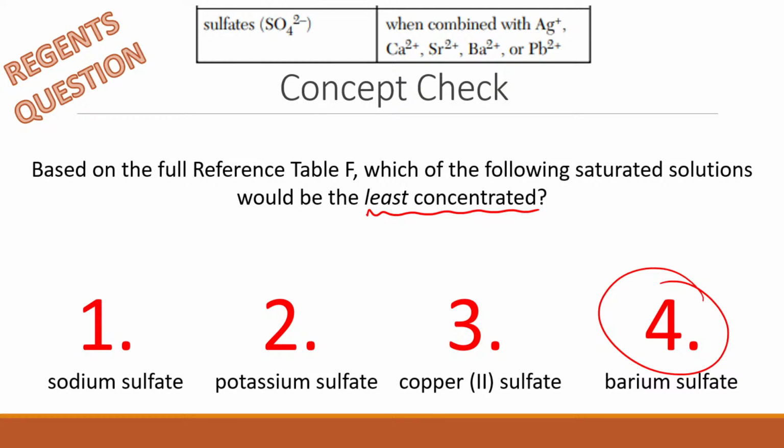When you think about orange juice, which comes from concentrate, when you think about something that is a very concentrated liquid, it has a lot of stuff in it. Right? Something that is concentrated has a lot inside it. So when we want something that is the least concentrated, we want something that has the least amount of stuff in it, the least amount of dissolved stuff in it.